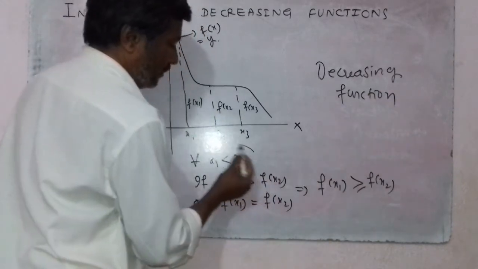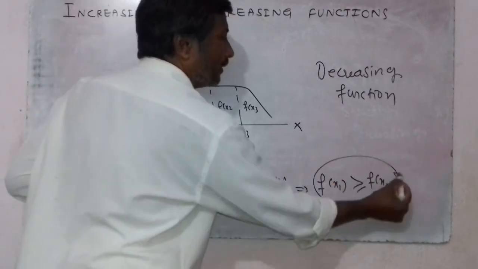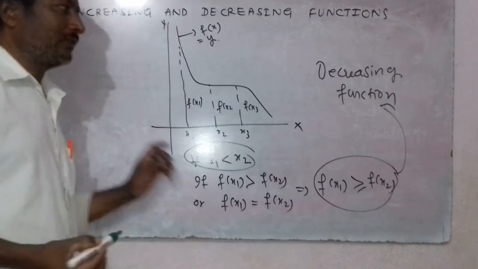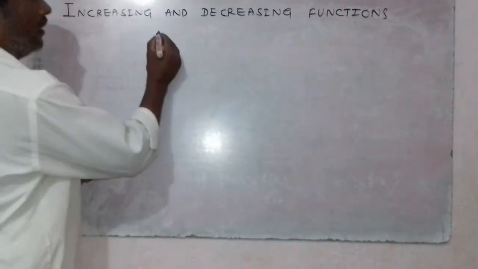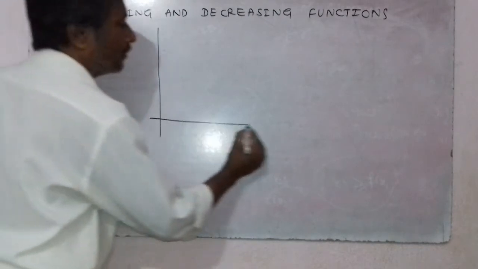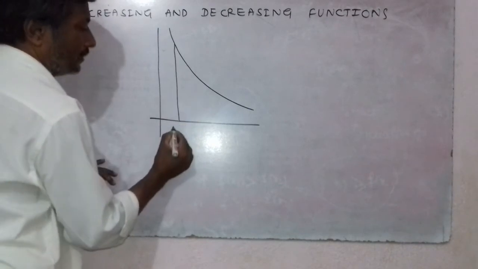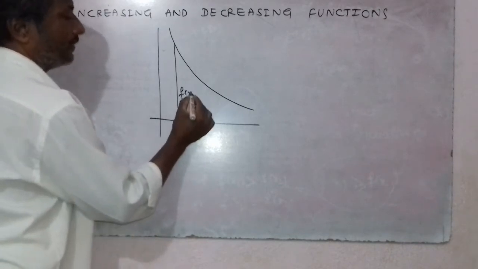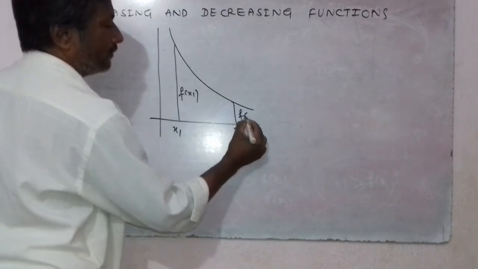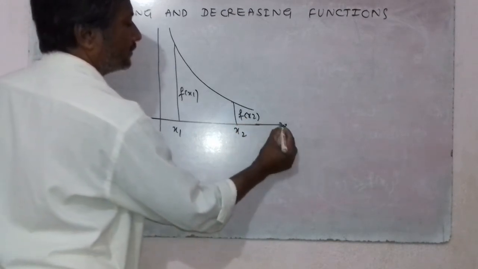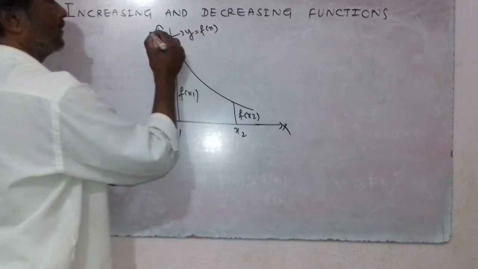So for all x1 less than x2, if f of x1 is greater than f of x2, then this one is known as the decreasing function. So now observe this one. This is x1, f of x1, x2, f of x2, x-axis, y equal to f of x.